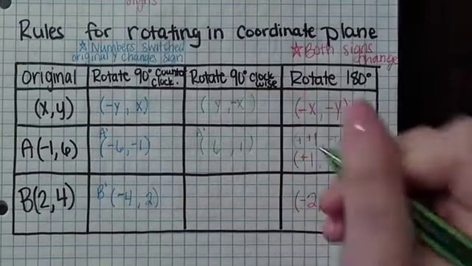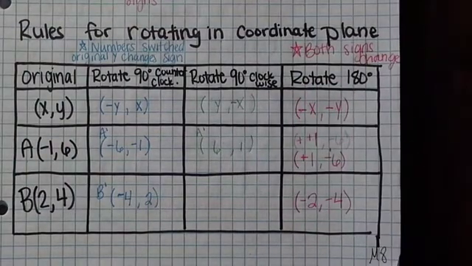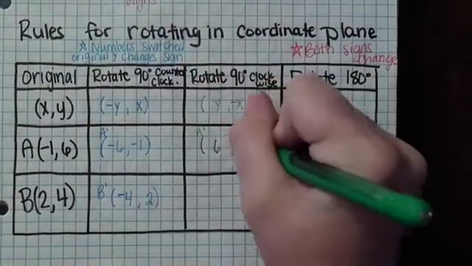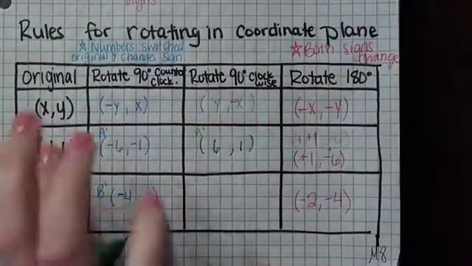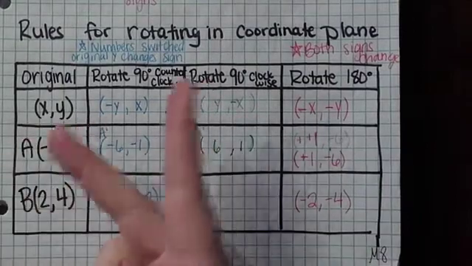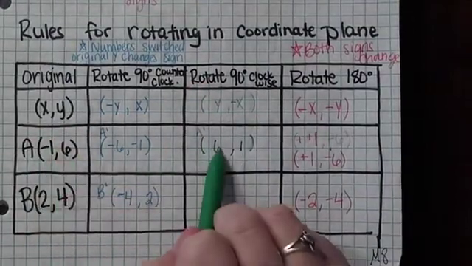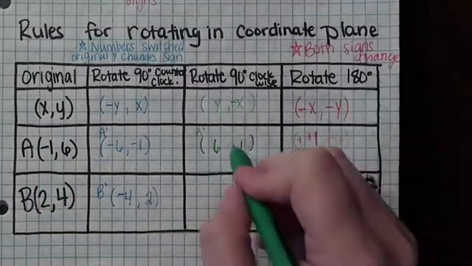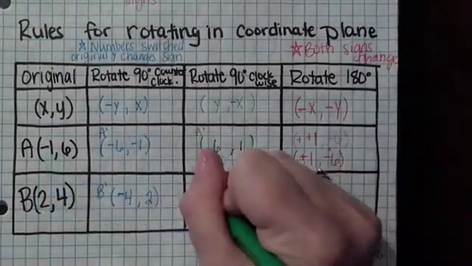This green is really not working very well. Here's another green. This one's darker. Maybe it'll work better. So 6, 1, because it changed the order. The 6 is now first, and then we are going to change the x value. So instead of it being negative, now it's positive. Okay, let's do B.